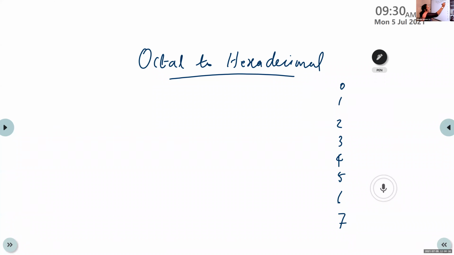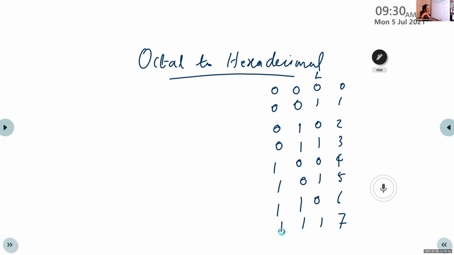Then the least significant bit row is 0, 1, 0, 1, 0, 1, 0, 1. Then the next bit is 00, 11, 00, 11. The last one is 4041.